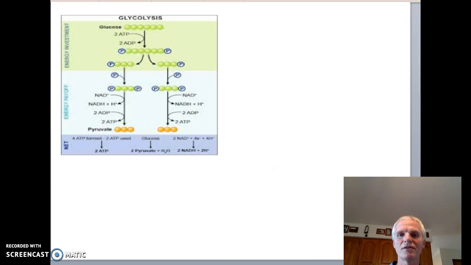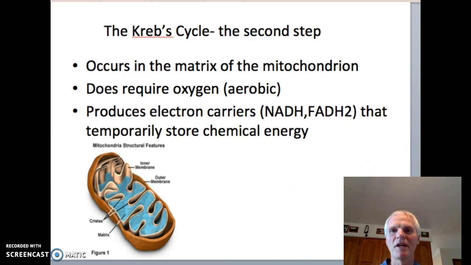This is glycolysis. The second step of cellular respiration is called the Krebs cycle, and this one occurs in the matrix of the mitochondrion. What the matrix is, if you look at the picture of the mitochondrion, it is the material, the space inside of that inner membrane. And again, that is where the Krebs cycle occurs. It does require oxygen, so it is considered aerobic.